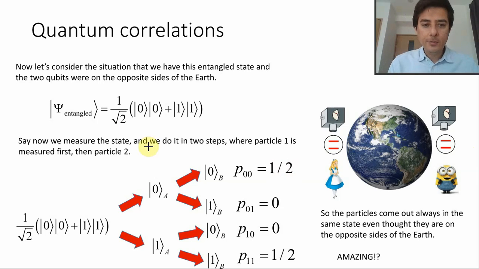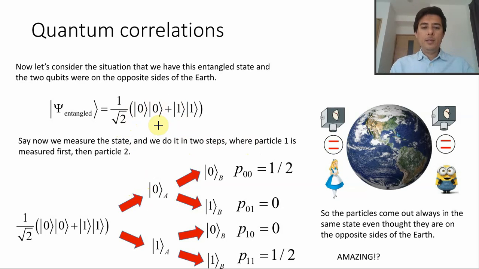Okay, so first let me explain how these things are correlated, right? We can see that these things are correlated because, for example, if we do a measurement, and say we do it in 2 steps this time. So say first Alice makes a measurement.